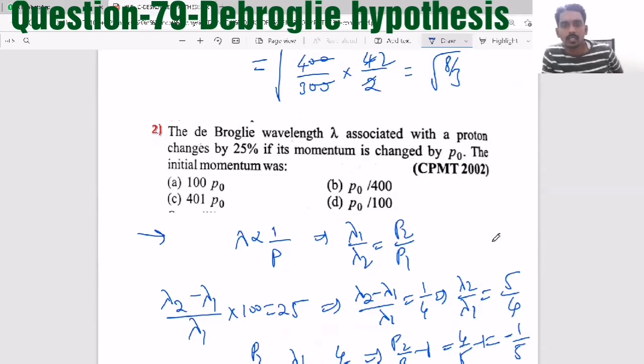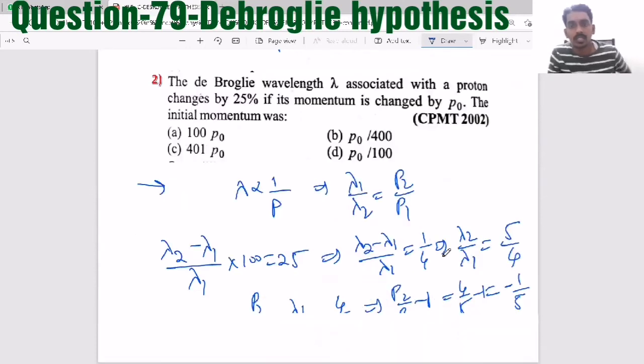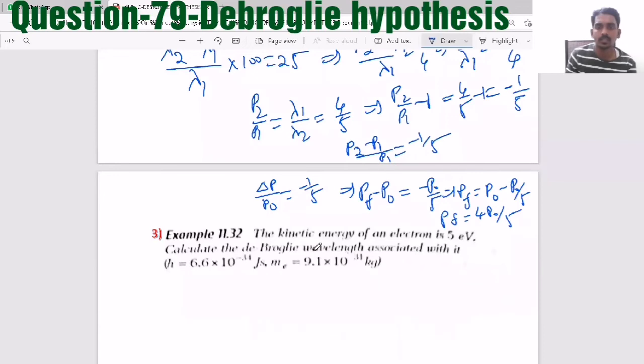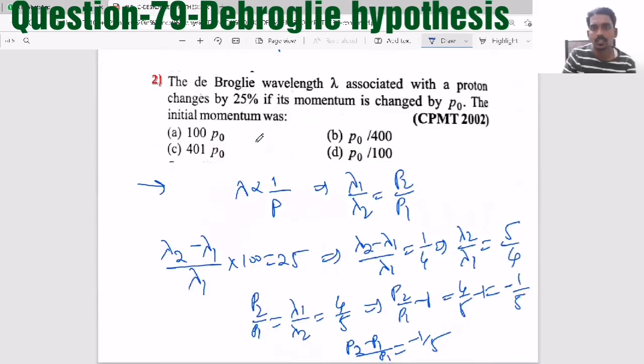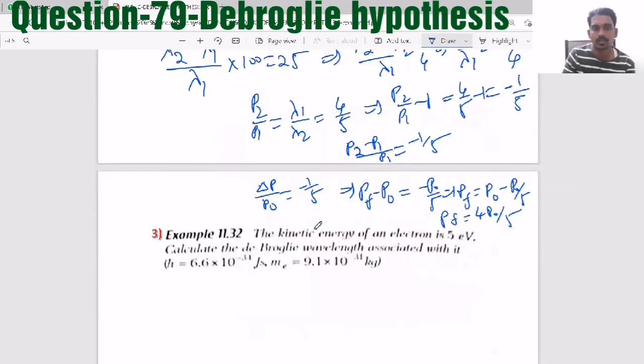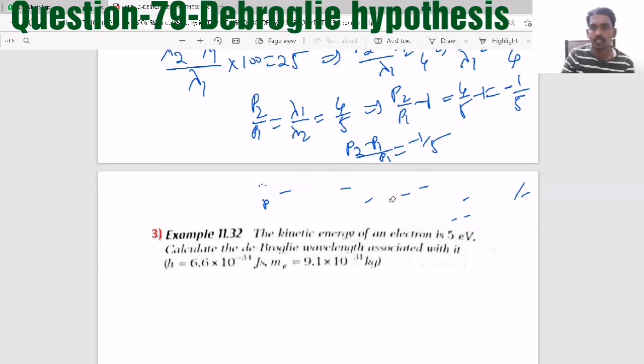Oh, sorry, they're asking the momentum is changed by P naught. That means delta P is P naught. Then they are asking what the initial momentum is. So simply take it like this.